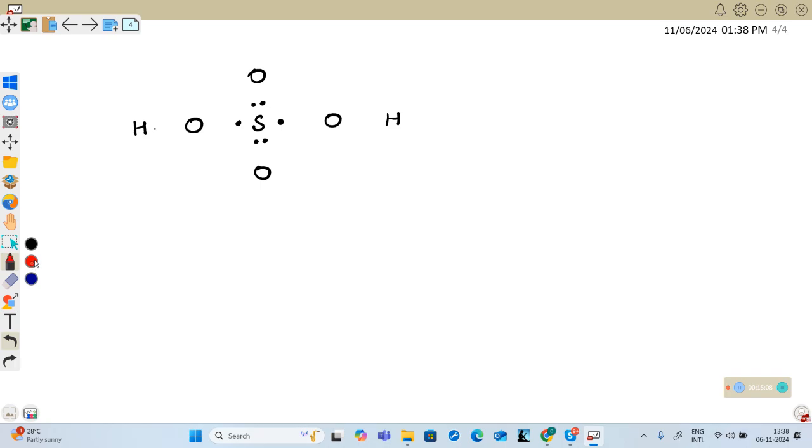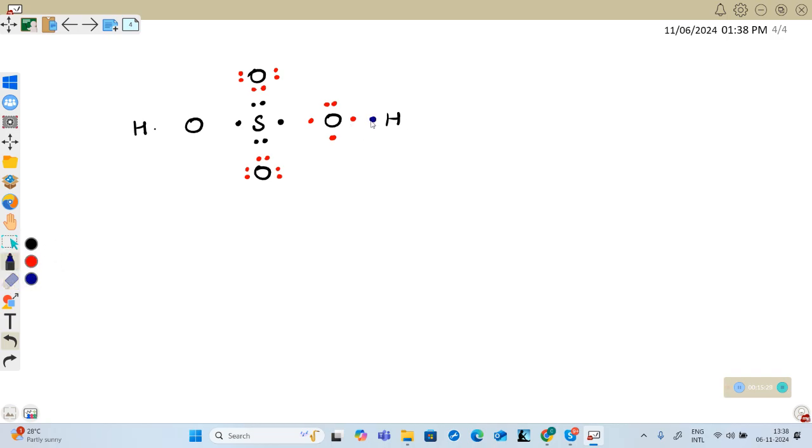One structure accepted by a group of people is this. Each oxygen sharing 2 electrons is only bonded to sulfur. The other oxygen atom shares one electron with sulfur and 1 electron with hydrogen. Which color should I show hydrogen with?